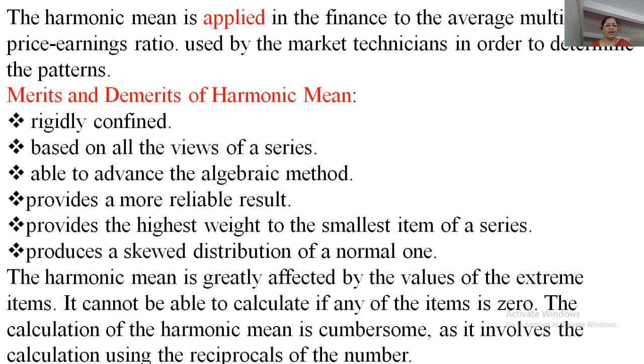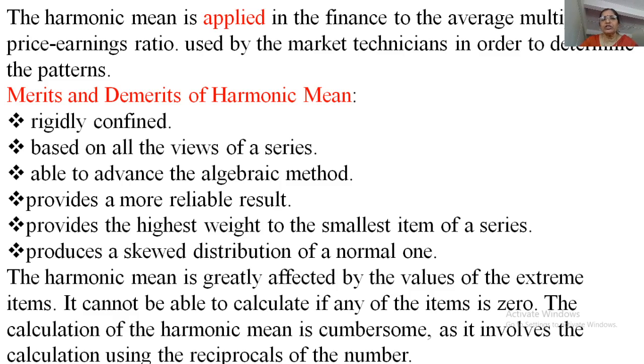Further, demerits of harmonic mean are: harmonic mean is greatly affected by the values of the extreme items. So it cannot be calculated when any of the observations is 0, because we cannot take the reciprocal of observation 0. Note that we cannot compute geometric mean when some of the observations are negative or 0.